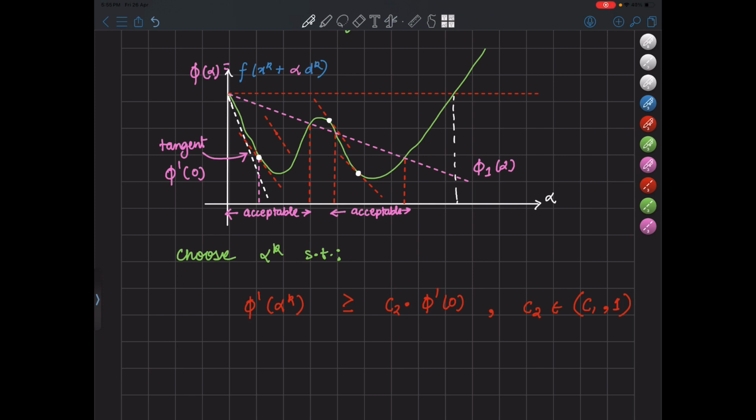I'll remove this for simplicity. So wherever the slope of the function is greater than these desired slopes, that is an acceptable value, which is here, and here.